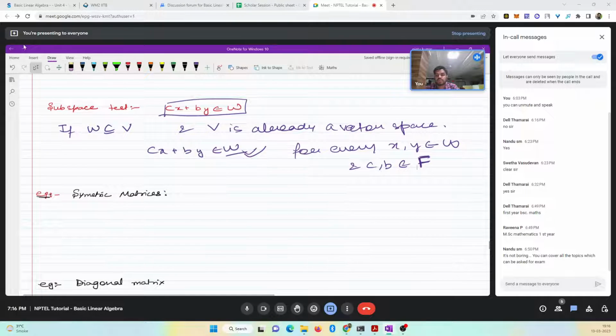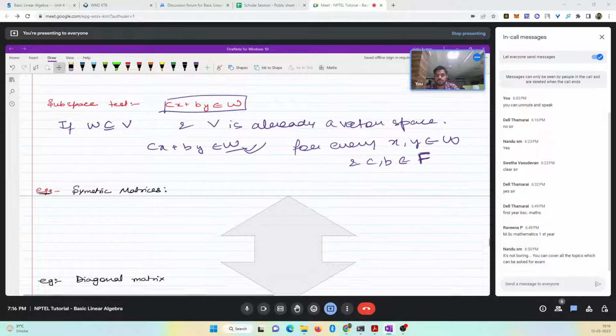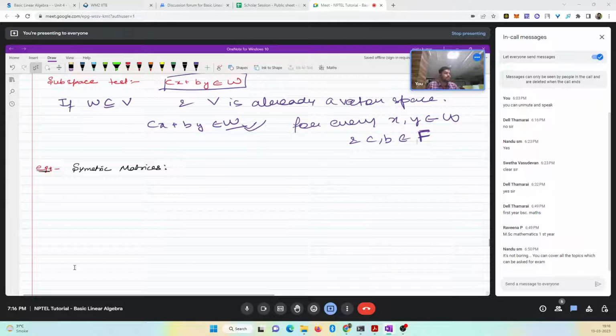Now let's look at some of the examples. First example is the set of symmetric matrices. So we already talked about that the set of matrices of size m cross n is a vector space. Now symmetric matrices is always obviously a subset of this set of matrices.